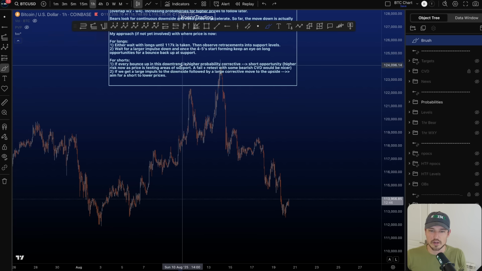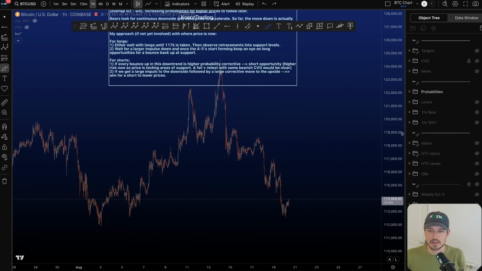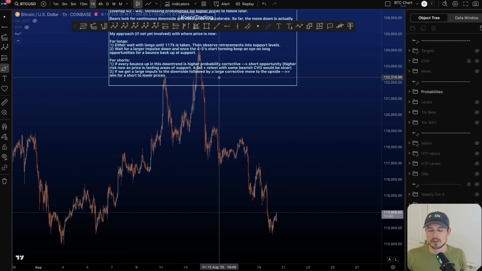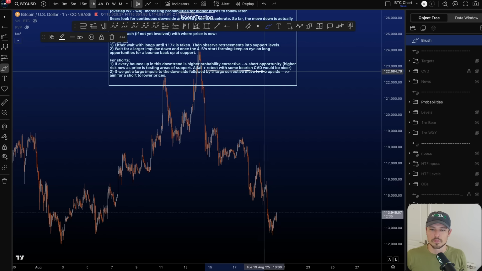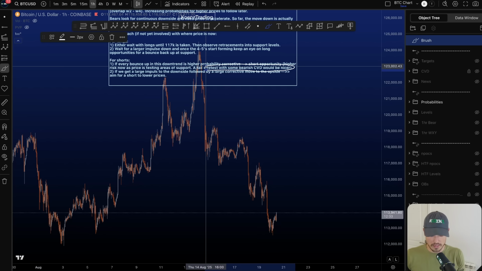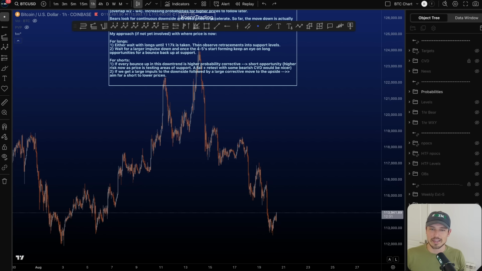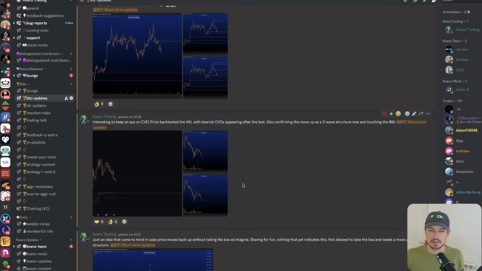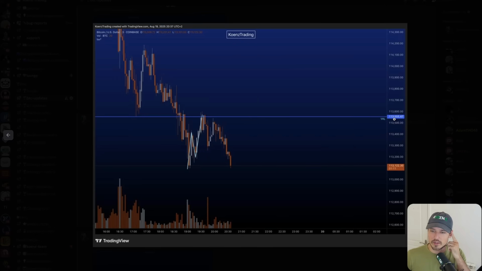But then what I write here is important, right? Because if price moves to the downside, hits support, but then support fails to hold, and you retest support, preferably with some bearish CVDs, that would be very nice. And that is exactly what happened yesterday, and I shared it in the Elite membership group as well, right? So here, yesterday on my chart, we had the value area high at 113.5K.